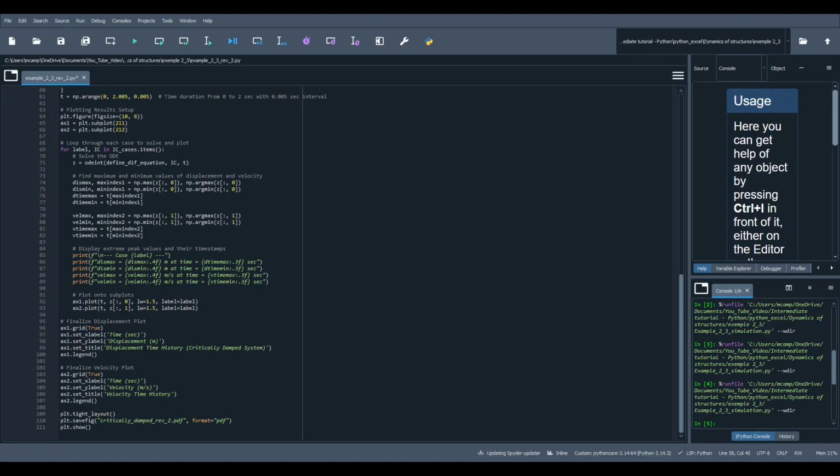Finally we can plot the displacement plot and then the velocity plot.